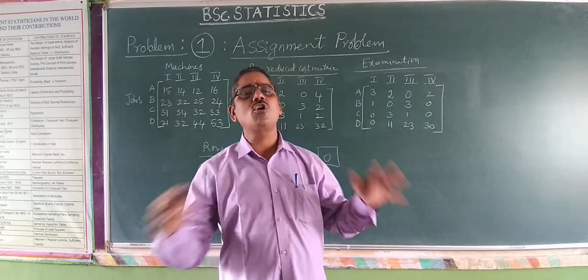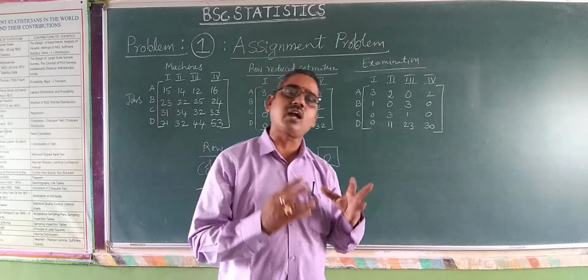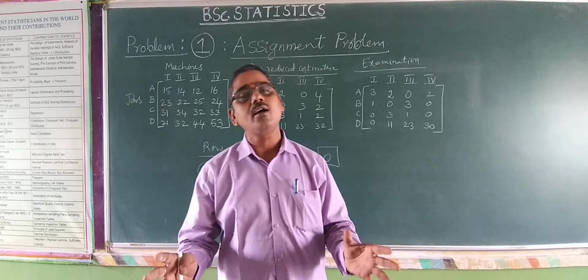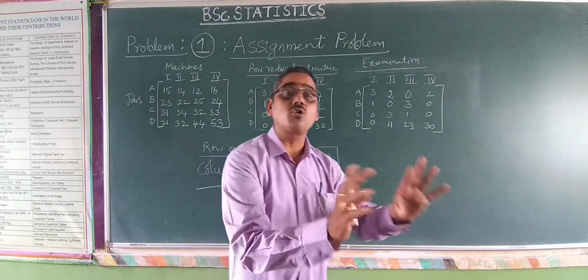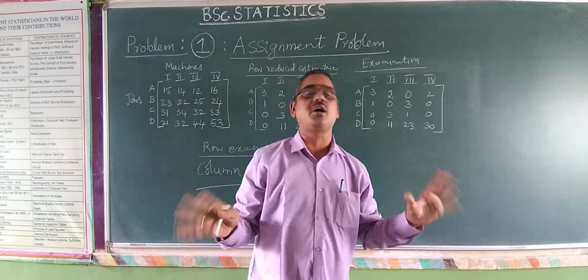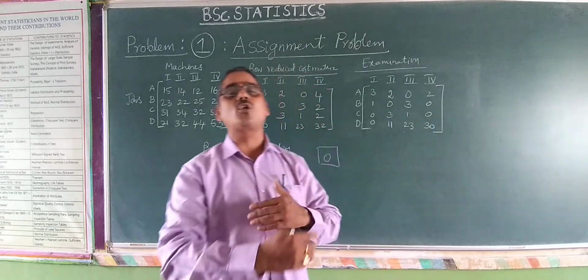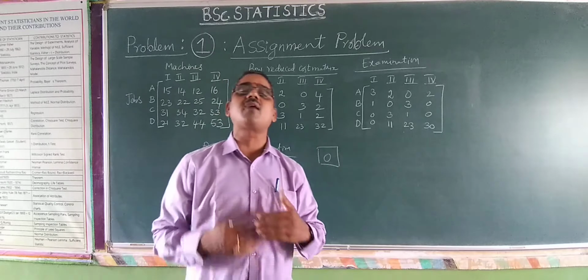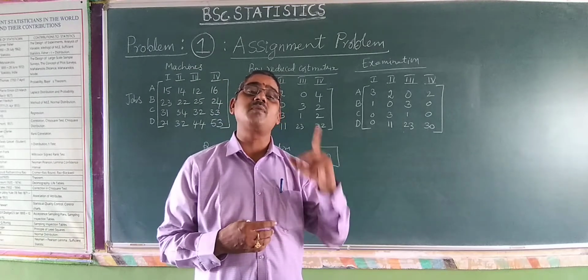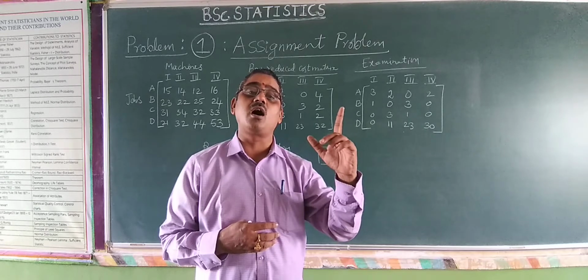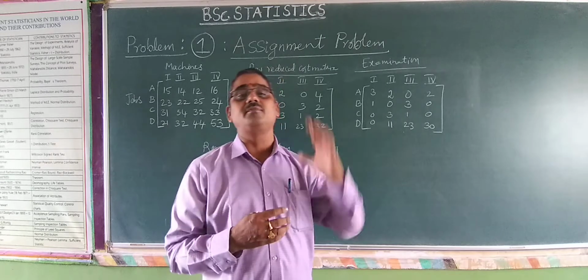All zeros must be either en-rectangled, that is assigned, or cancelled. You have to ensure that. If each and every particular row and each and every particular column has one and only one assignment, then the problem is finished and the optimum solution is attained.